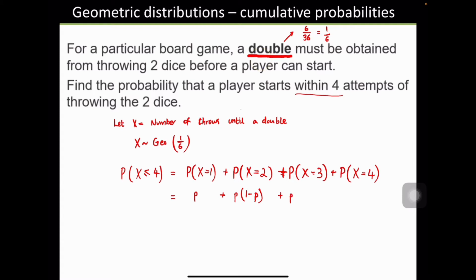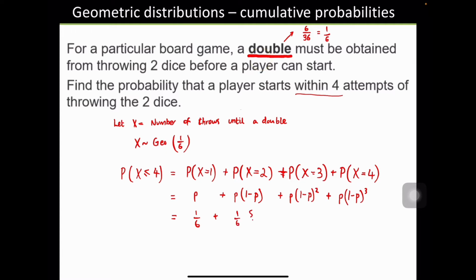Success on the third attempt, but they've had 2 failures, right? So it's 1 take away p squared. And using the same principle, we have 1 take away p cubed. Now we just substitute the 1 over 6 into where you can see all the p's.